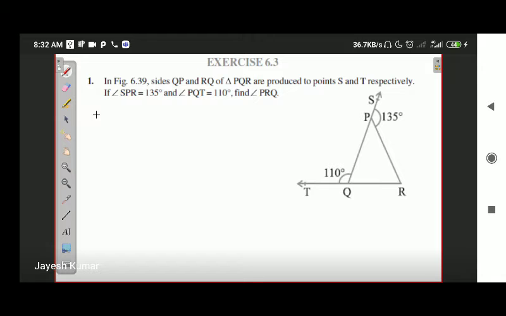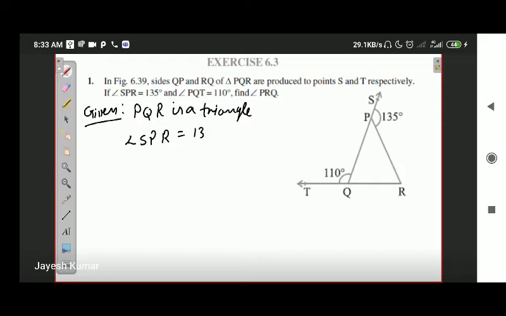So what we have is provided that PQR is a triangle. Next is angle SPR is 135 degree. Angle PQT is 110 degree.